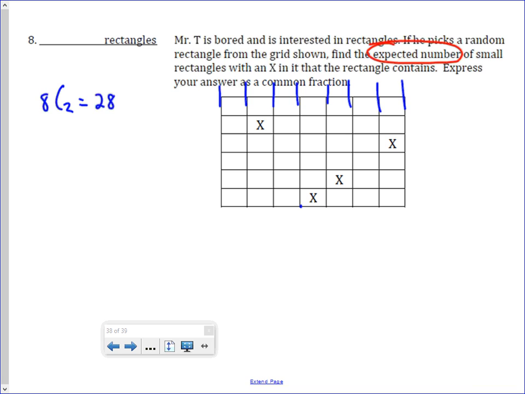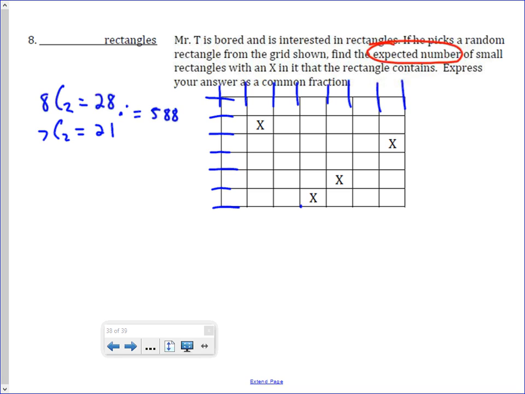And then we've got 7 horizontal lines, and there are 7 choose 2, or 21 ways to pick 2 horizontal lines. And so the total number of rectangles is just the product of these two, which is 588.